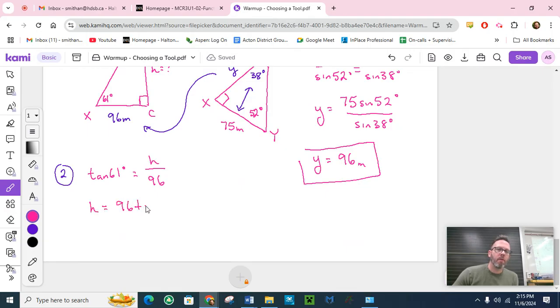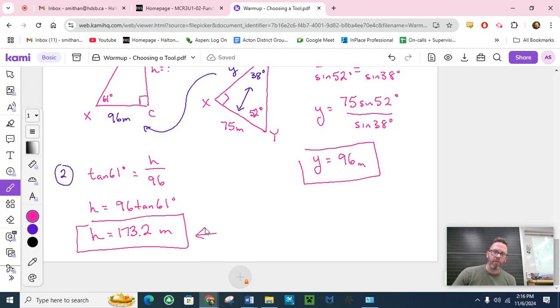Multiply it up. So it looks like it should be a little bit more than 96, maybe around like 100 or something. No, probably more than that. 96, tan 61. Oh, a lot more than 100. 173-ish? All right. 173, I'll call it 0.2. And this is meters. And I'll just say that. That's the cliff height.